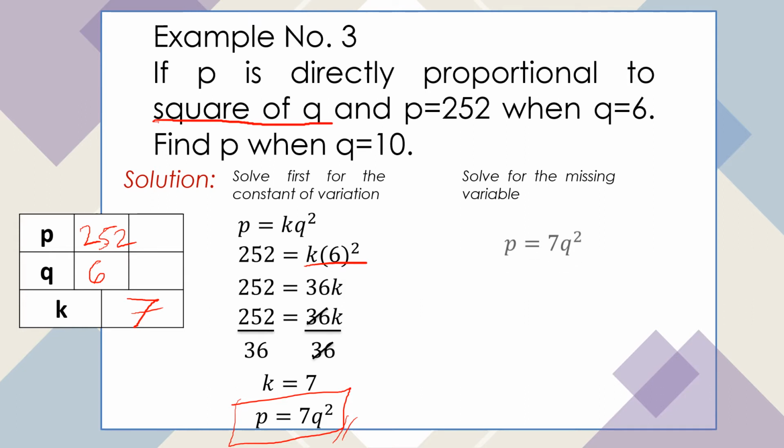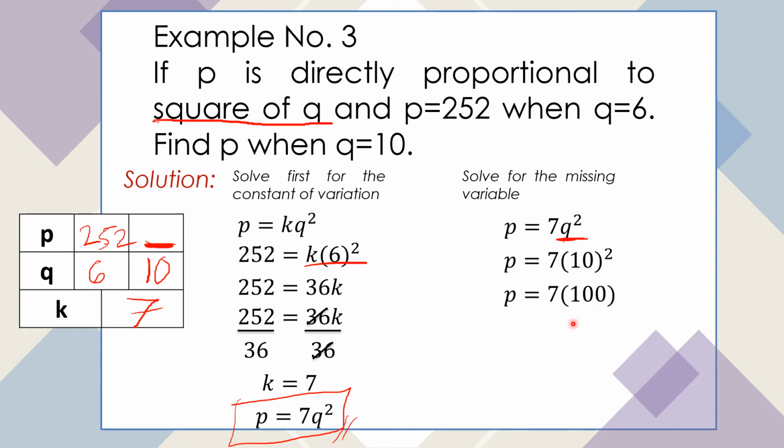Then, using that, we're going to find the value of p when q is 10. We put the given here: q is 10, and p is missing. Replace q with 10, so it becomes 7 times 10 squared. 10 times 10 is 100, then 100 times 7 gives us 700.